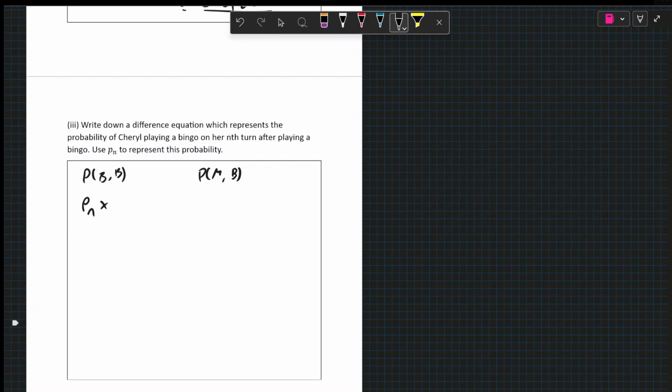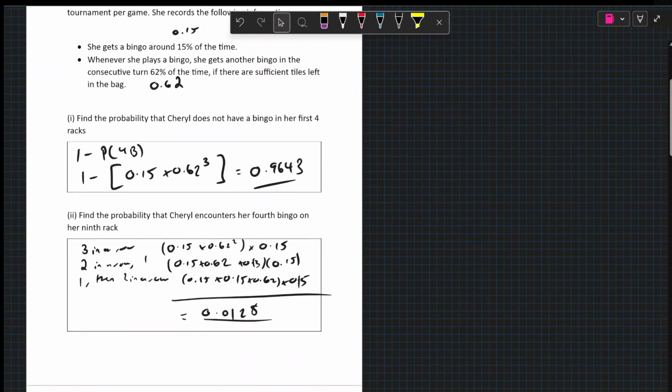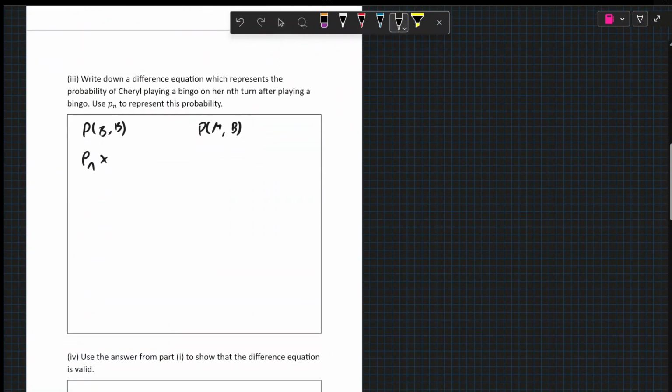The probability of getting a bingo again for her after getting one already is 0.62. Now the probability of missing is 1 minus Pn, times getting a bingo again, 0.15. So either of these can happen, so we add them together.